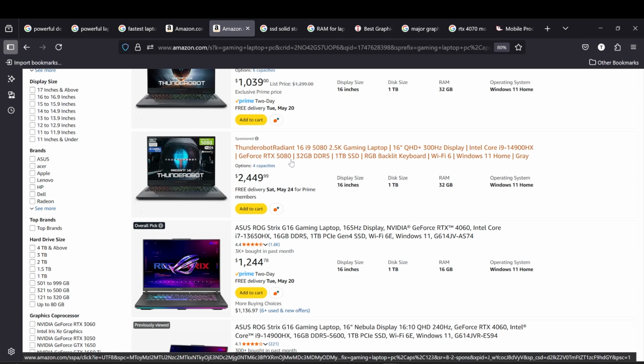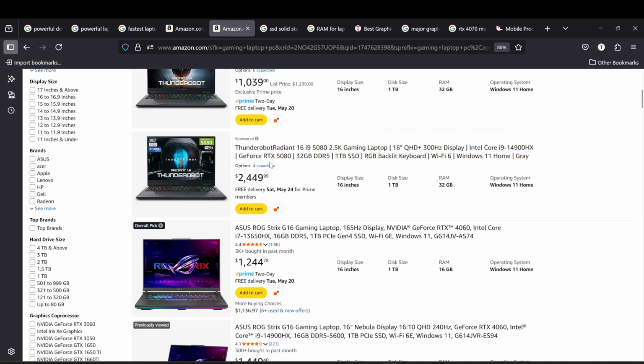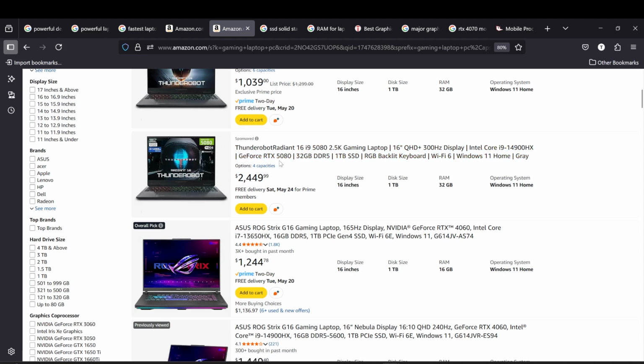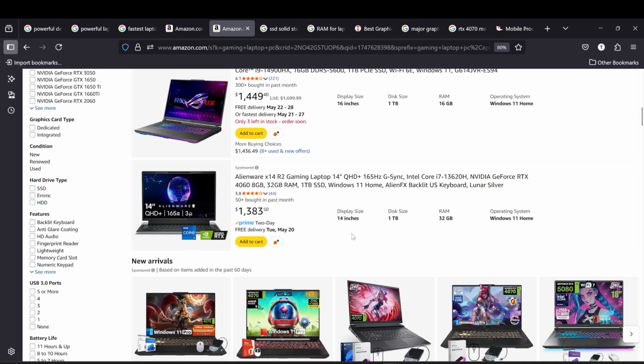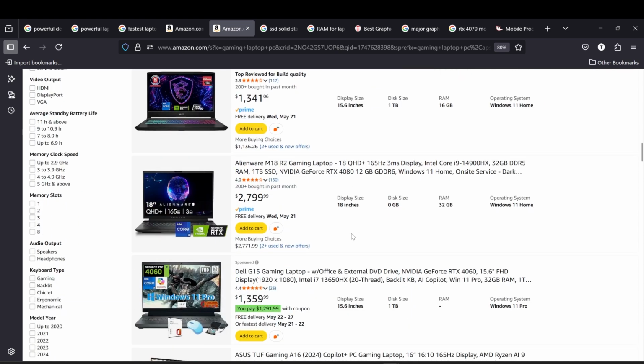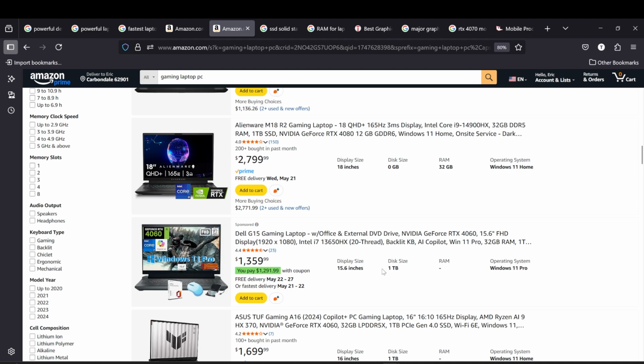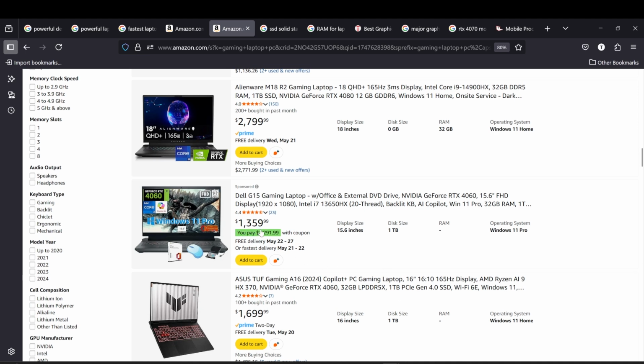The 50 series, 5080 and 5090, are really top notch. 32 gigabytes of RAM and 1 terabyte of hard drive. This is a really good spec. A little bit overpriced at 2500, but the major part of the price is because of this RTX 5080, a really expensive graphics card at this moment. So let's see something around 1450.